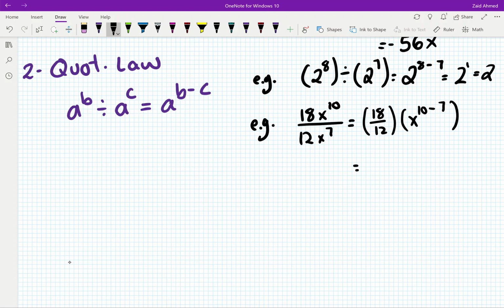And when we simplify that, we get 3 over 2 x to the power of 3. Now, if you're confused as to how I got this, I divided both of them by 6, and I simplified it, and that's how I got the answer.